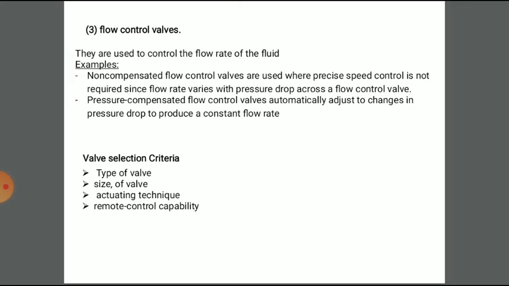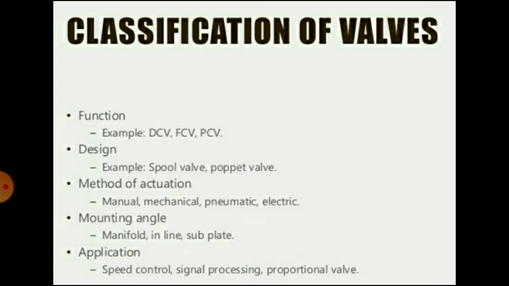Valve selection criteria are type of valve, size of the valve, actuating technique, and remote control capability. Now, classification of valves. According to function, it is classified as direction control valve, flow control valve, pressure control valve.